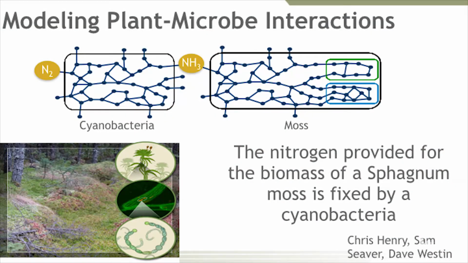Some of the work that's been going on with Dave Weston and Chris and Sam Seaver at Argonne has been trying to translate this information, is to take the cyanobacterial communities that interact with sphagnum moss and basically analyze the metabolic relationships of these systems, right? So the cyanobacteria are nitrogen fixing, and they take in that nitrogen from the environment, and they translate it into ammonia as a metabolic output, which is then taken up by the sphagnum, okay?